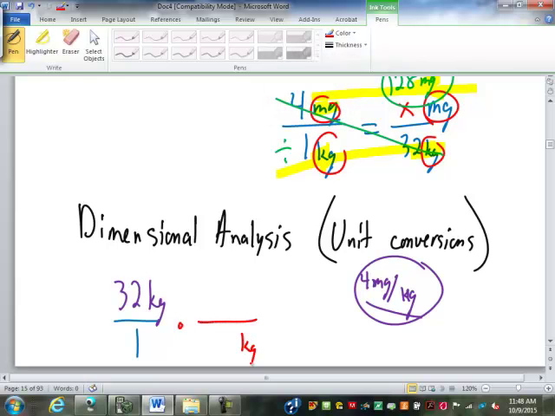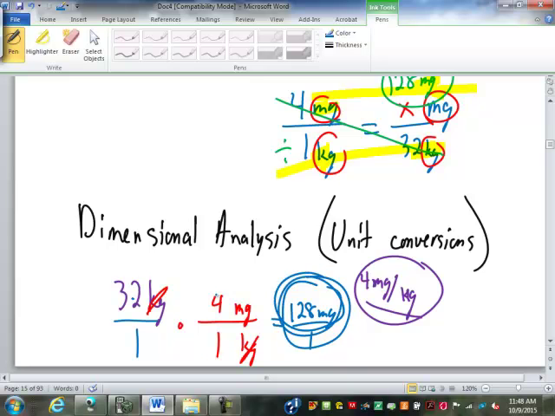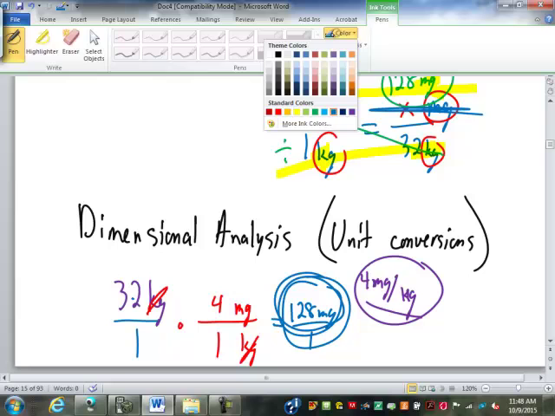We're going to put kilograms on bottom and milligrams on top so that the kilograms will cross cancel. And it's 4 milligrams per 1 kilogram. So now what we have here, 32 times 4 milligrams is 128 milligrams. 1 times 1 is 1. So 128 milligrams over 1, or just 128 milligrams. Same answer we got up here.